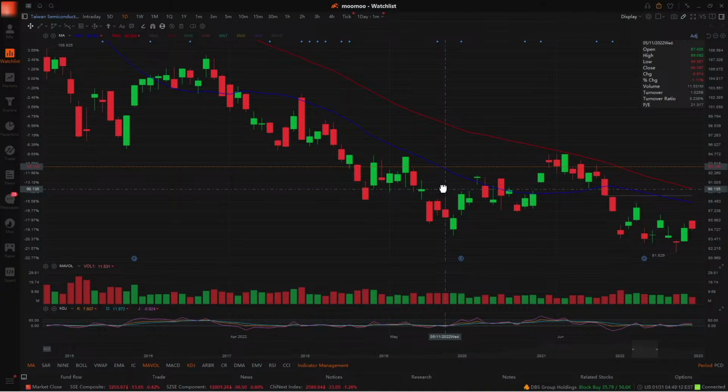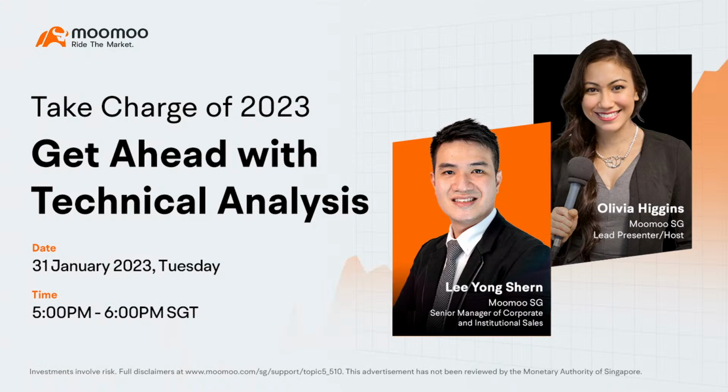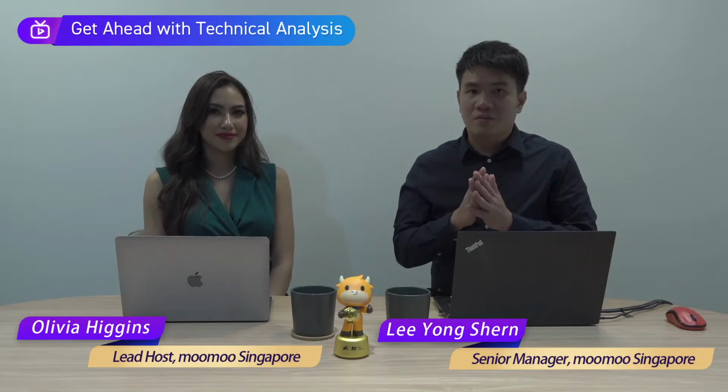But in general, you can find your own duration that suits the counters that you are trading, because technical indicators or chart patterns are not only applicable to equities or ETFs. They can be used on mostly all the products traded on the exchanges, like futures. Even some people use it for forex trading, and of course commodities like oil.